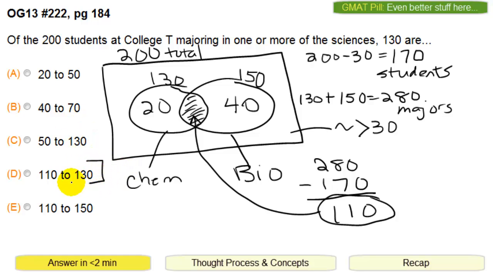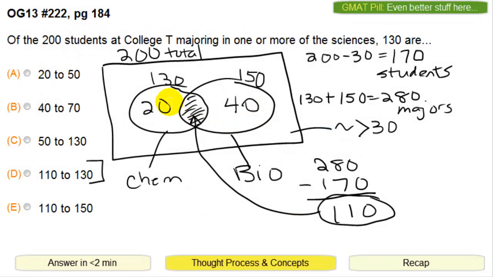Answer choice D, 110 to 130, describes the range of the number of people who can double major. 110 being the lower limit, as described with the at least 30 people on the outside, and 130 being the upper limit, as described by the minimum of the two numbers, 130 and 150.